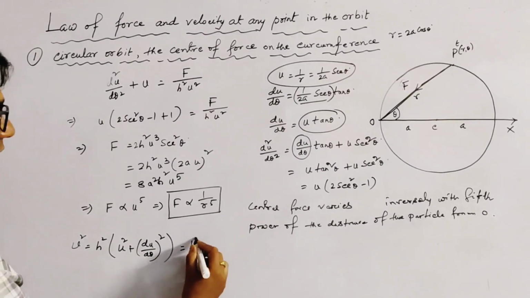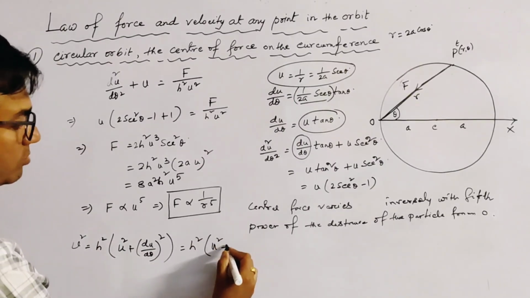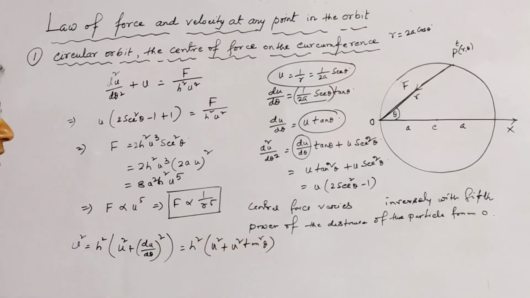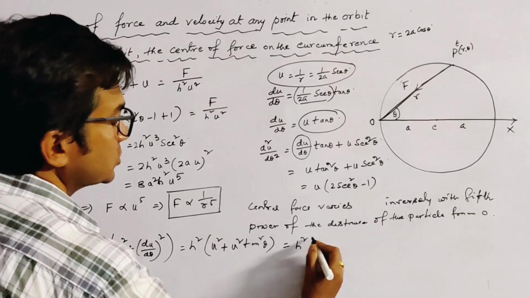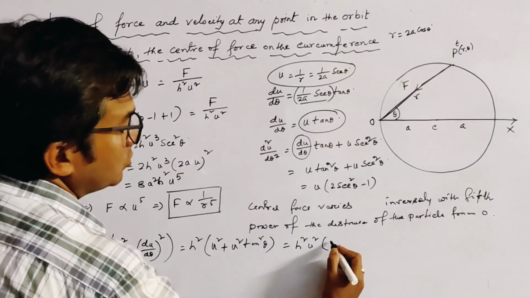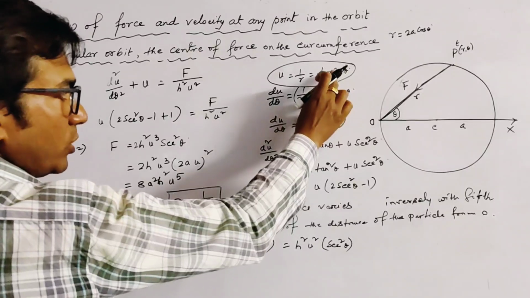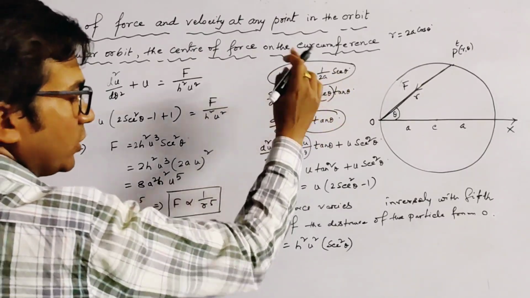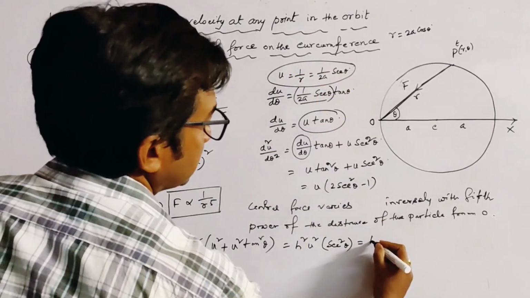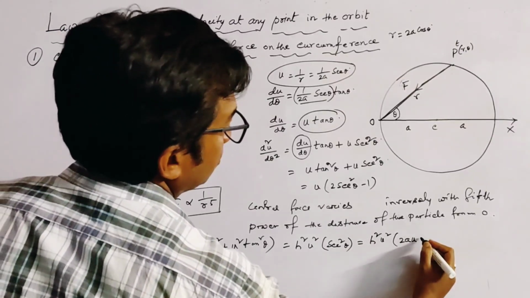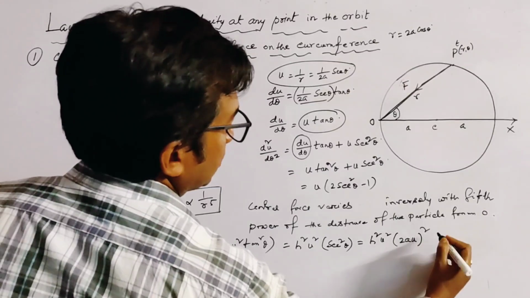So we get h squared into u squared plus u squared tan squared theta, and this is h squared into u squared into sec squared theta. Now we put the value of sec theta, this is 2au. So we get h squared u squared into 2au, whole squared.